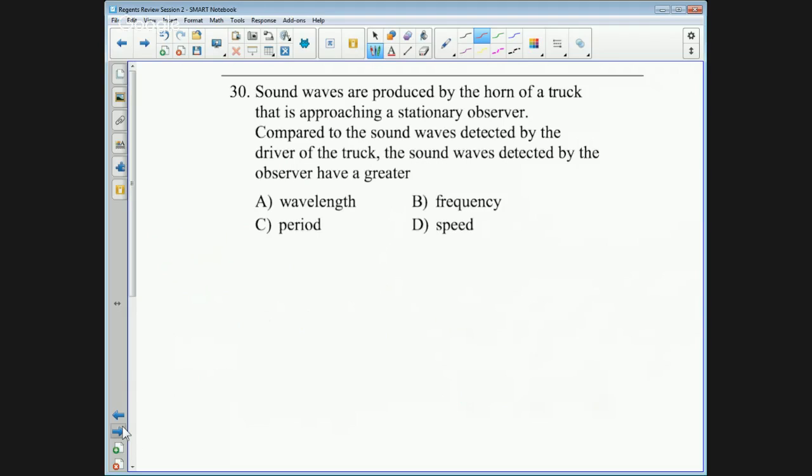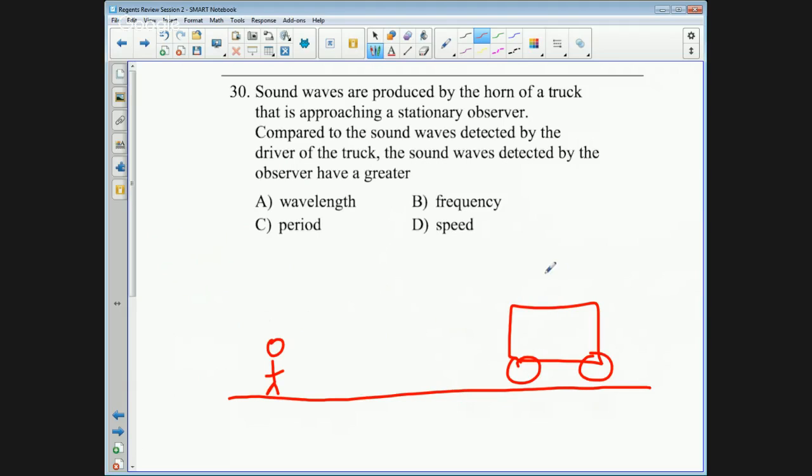Okay. Number 30, sound waves are produced by a horn of a truck that is approaching a stationary observer. Compared to the sound waves detected by the driver of the truck, the sound waves detected by the observer have a greater what? Okay, I like to draw a picture for this. So if this is the stationary observer, here is the truck going this way, right?